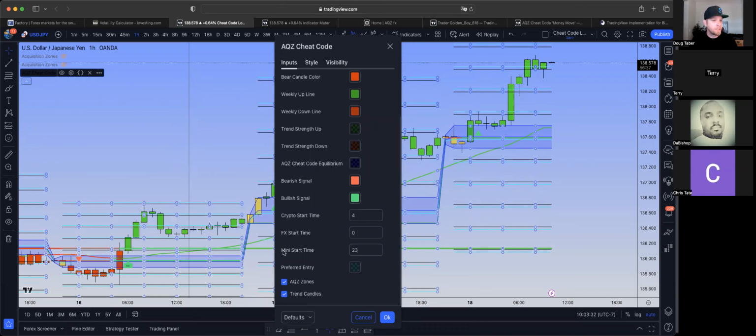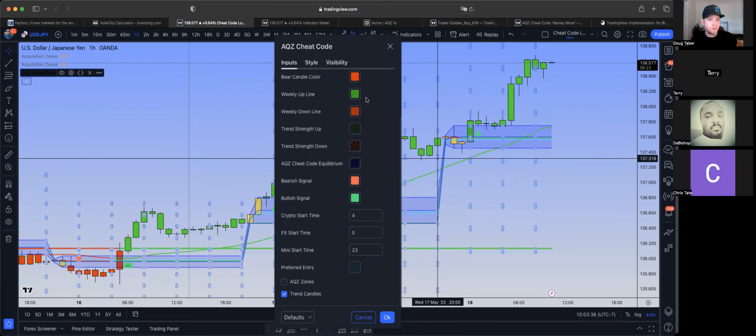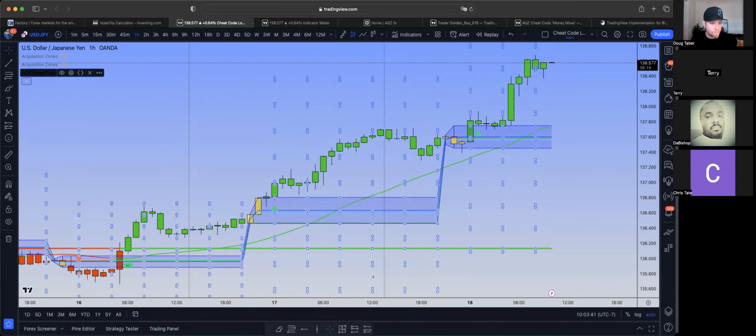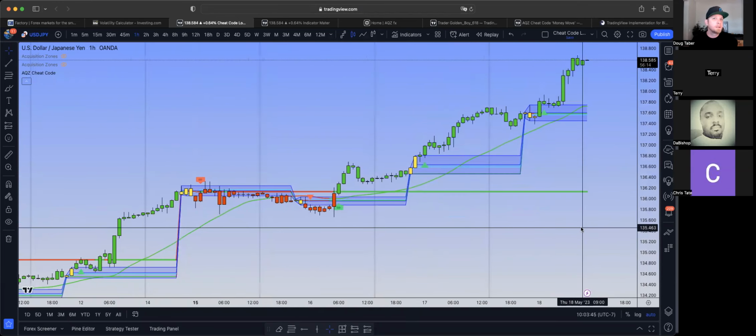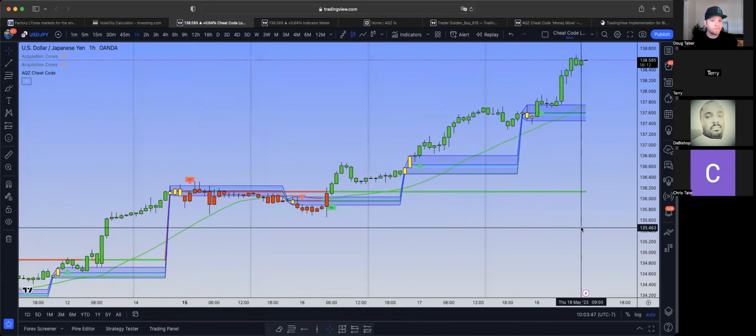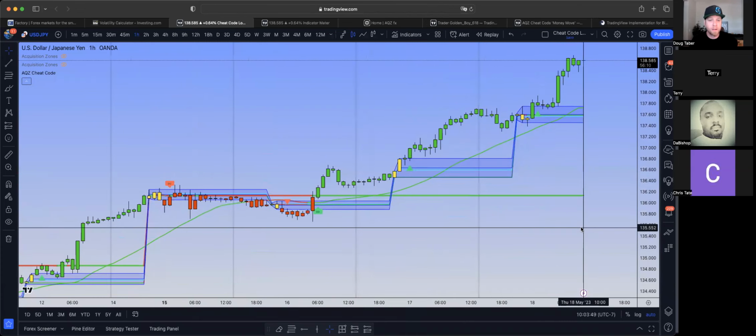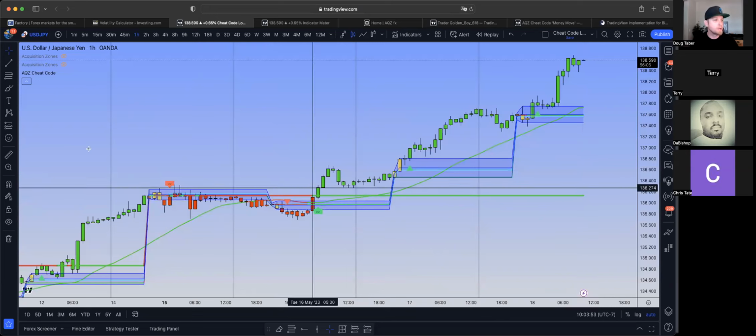In the settings of the indicator, you can uncheck AQZ zones. And this will clean up your chart a little bit. This may be beneficial for those that have a better understanding of price action and market structure.